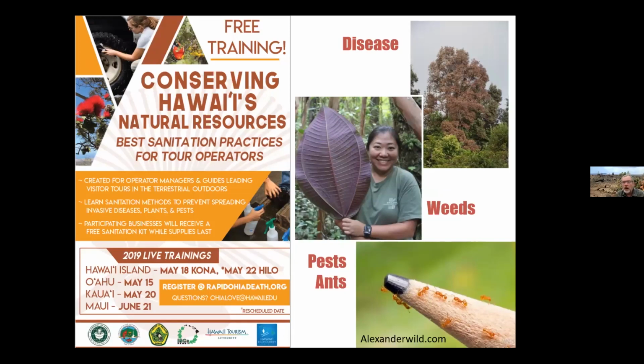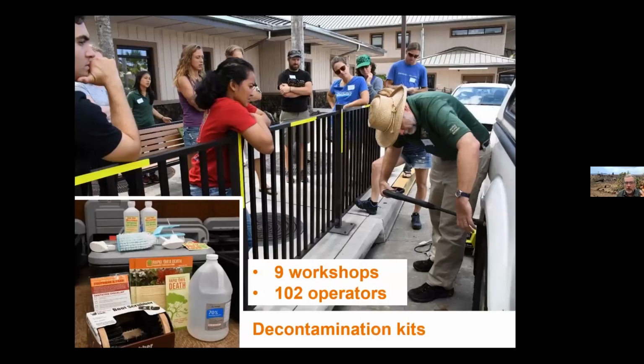We brought awareness of weeds, disease, pests, as well as ROD, and did a whole series of workshops that trained 102 operators. And those people are our change agents now with the tourists who care about the environment, who interact with nature, with the Ohia forest. They're going out with the eco-tour operators.